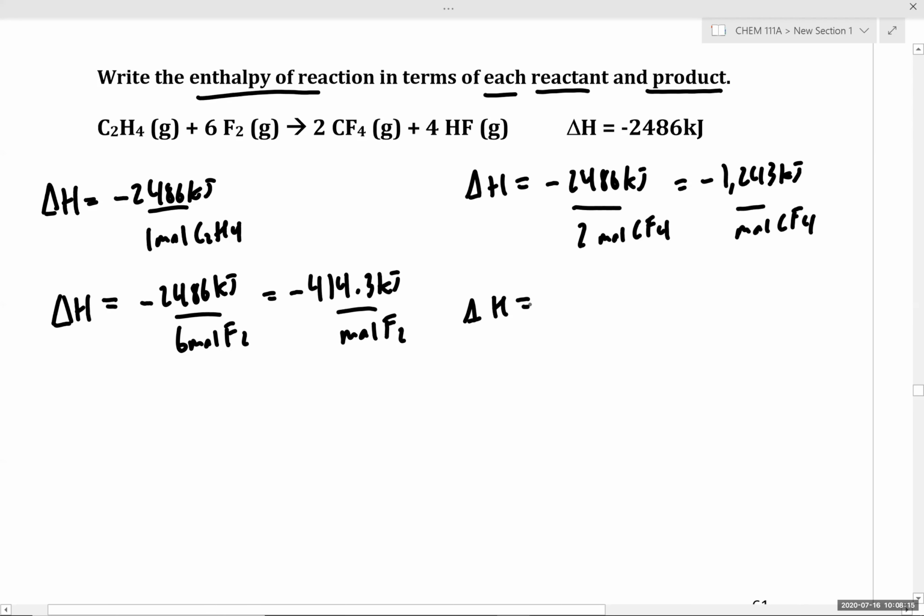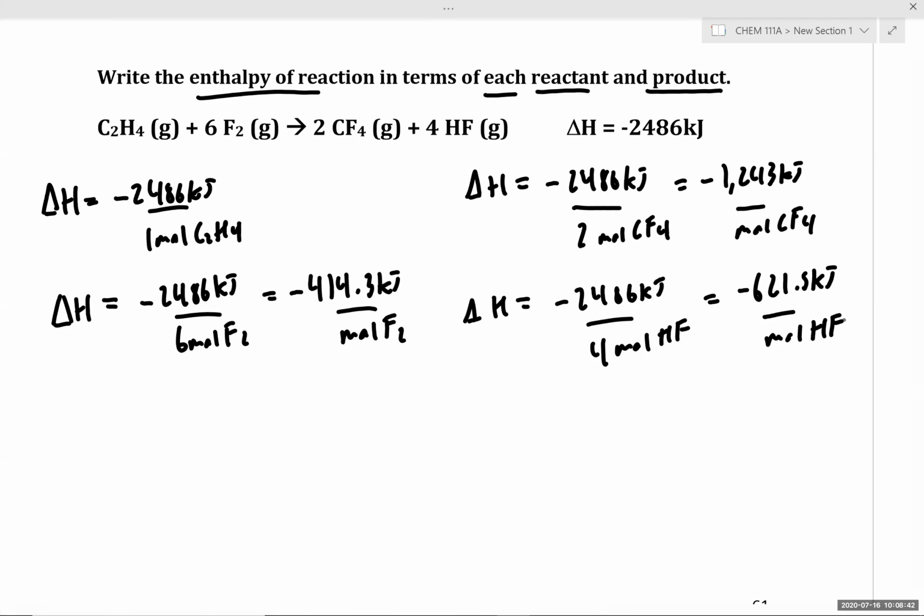Finally, the enthalpy with respect to hydrofluoric acid generated is 2,486 kilojoules for every 4 moles of hydrofluoric acid produced, and that in turn gives us 621.5 kilojoules per mole of hydrofluoric acid generated.